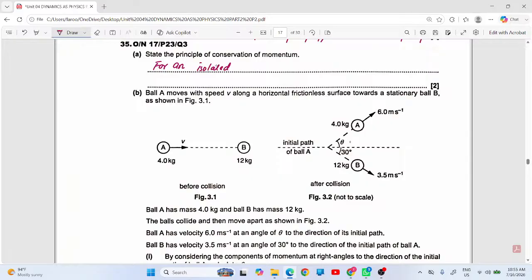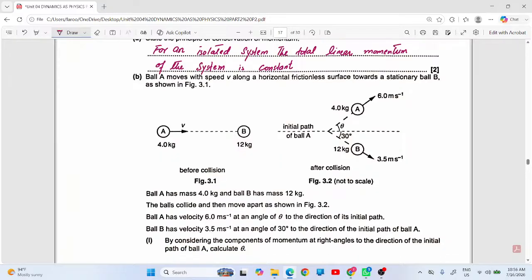The total linear momentum of the system is constant.